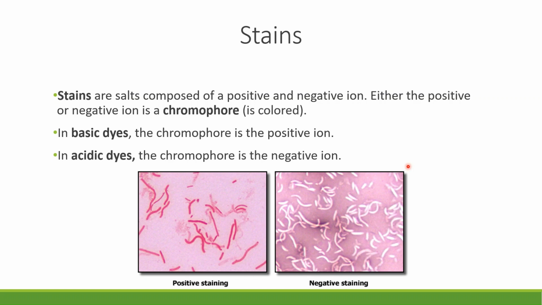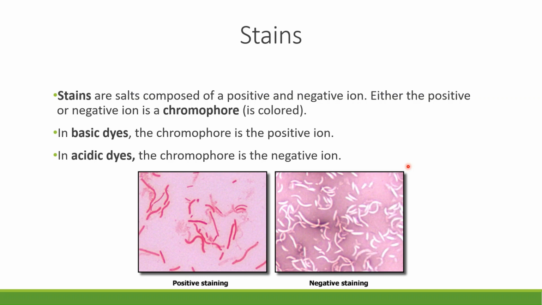Basic dyes are going to be the most common type of dye that you use. Why? Because the chromophore, being positively charged, is going to like to stick to the microbes. Most microorganisms have a lot of negative charges on the outside surface of the cell, and therefore that dye is going to love to stick to that organism.